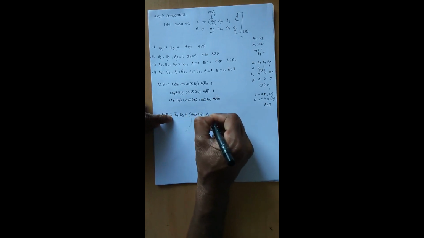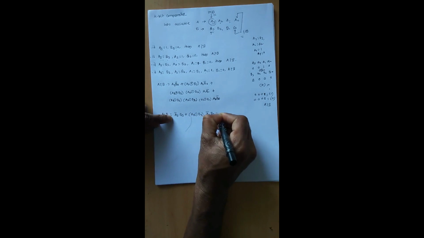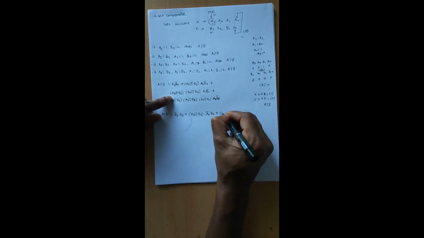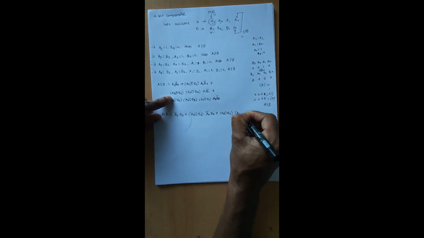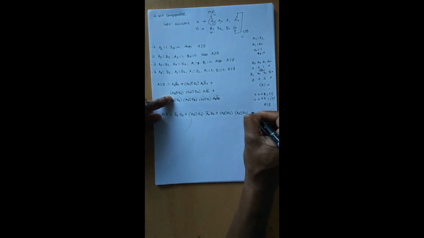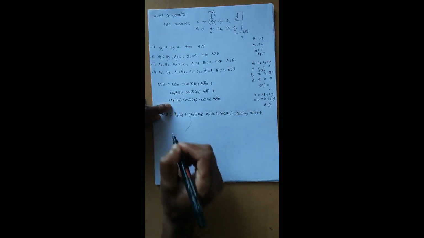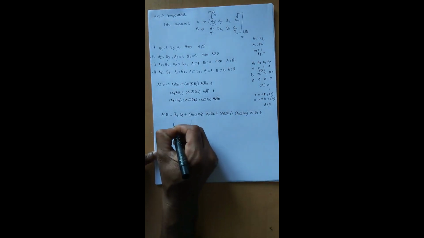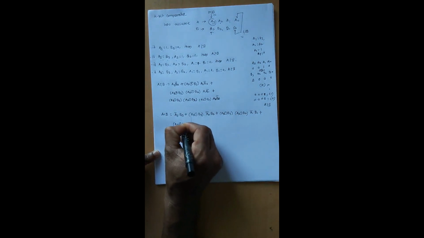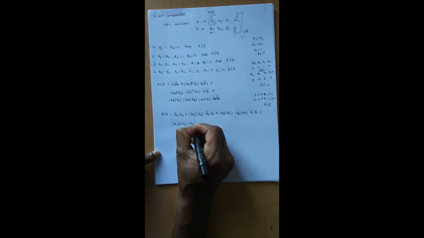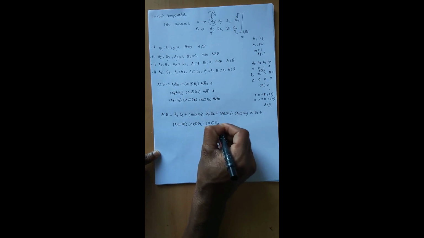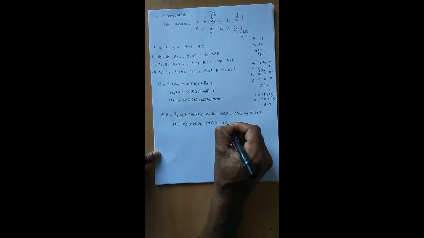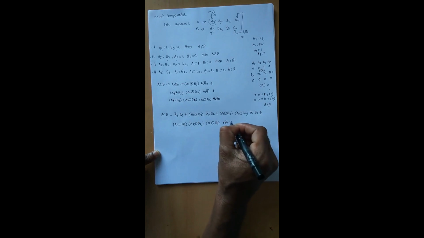Here again A2 complement into B2, plus A3 XNOR B3, A2 XNOR B2 into A1 complement into B1, plus in this last equation there is no change in the exclusive NOR relations, they remain as they are, and the last one A0 complement into B0.